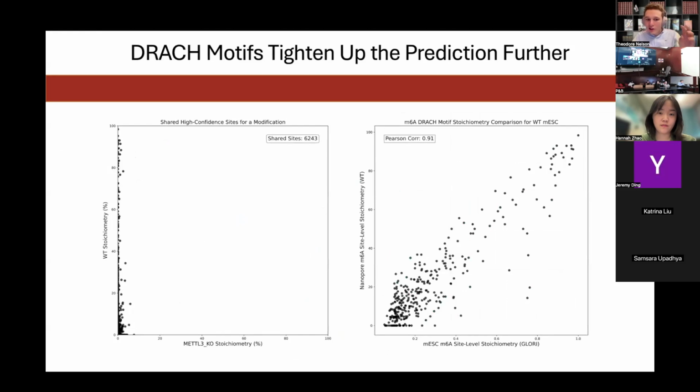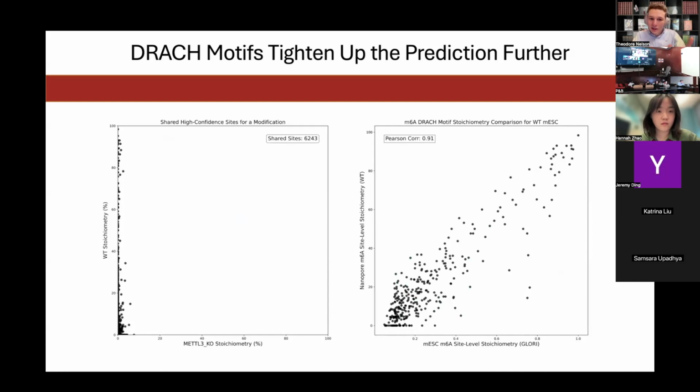And when you clean this up a bit and look at just the DRACH motifs with the latest m6A all context model, so again from September 17th, the m6A DRACH, well, it's not the m6A DRACH model. I want to be precise. This is technically the m6A all context model, and then we only took adenosines that in the reference are DRACH motifs.